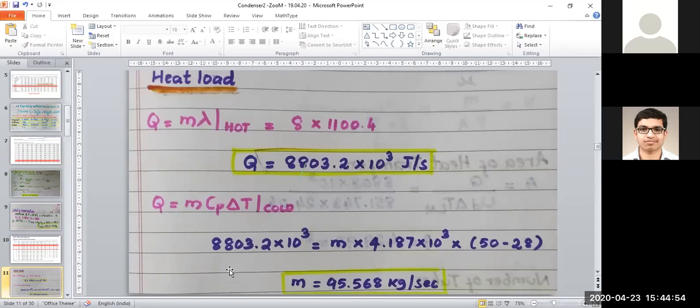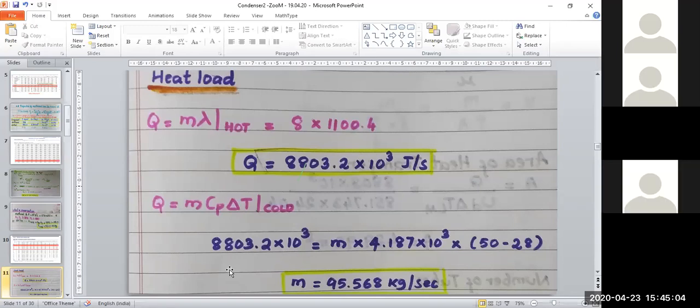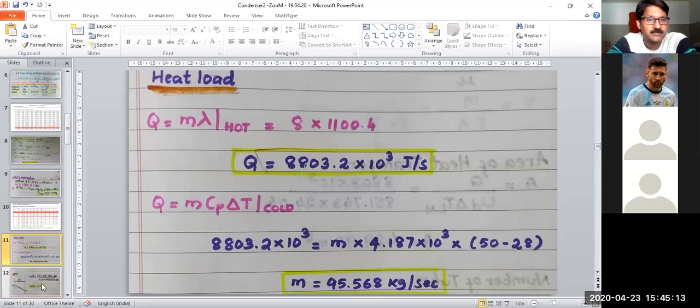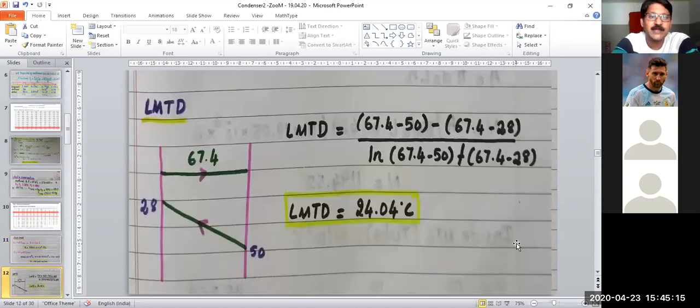Can you calculate m is equal to 95.568? Everybody is getting this answer? Yes, sir. This calculation is right. So you understood now how to calculate heat load? Yes, sir. Okay.